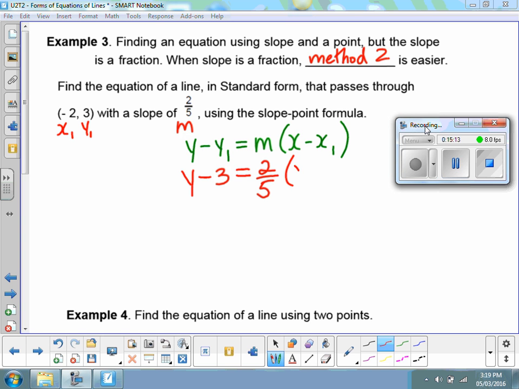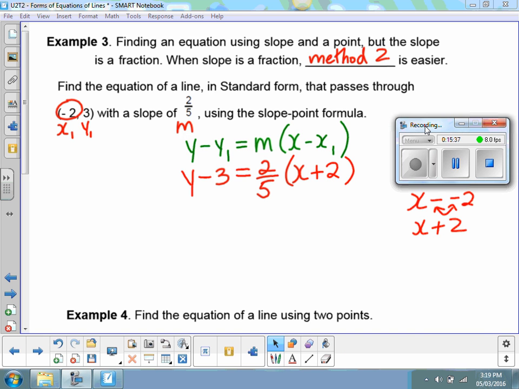And then here I've got x minus, and it's x minus negative 2, so it changes to x plus 2. So remember, if I have x subtract negative 2, these two negative values, here and here, become a plus. So that's where that x plus 2 came from.